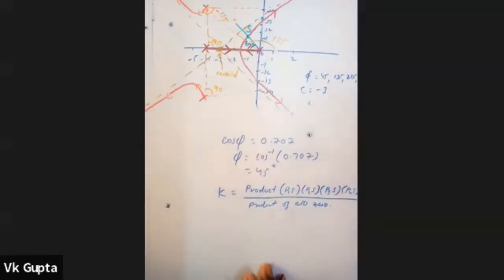Since in this root locus we don't have any zero, we have only the numerator part.